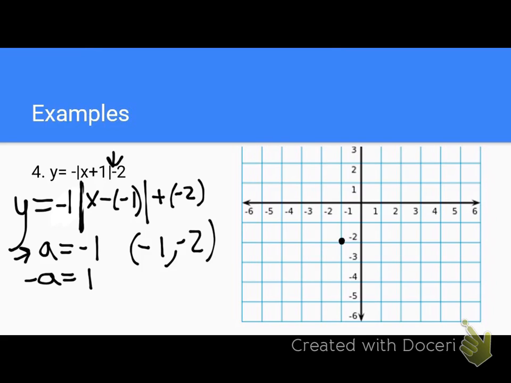Then the slope of -1 for the right-hand side means we're going to go down 1 and over 1. And the opposite of that for the left-hand side will go down 1 and to the left. So this addresses that note from earlier where since a is negative, the v is flipped upside down.